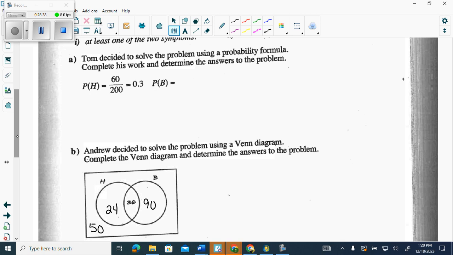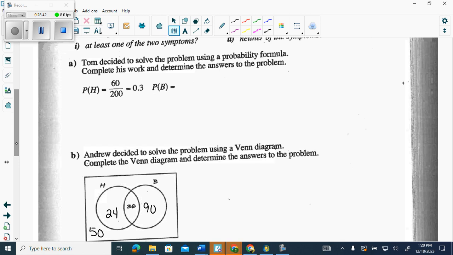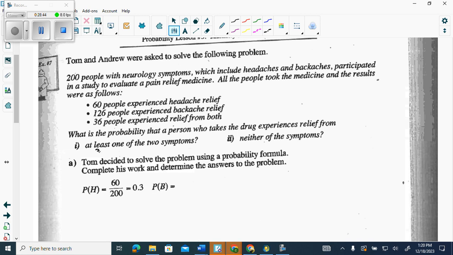The H and the B by themselves is only 1 symptom, correct? So it's going to be 36 out of 200. Wait, does it say one of the 2 symptoms? Oh, at least 1. I said it. It's going to be 150 divided by 200. Is that what you did? That's what it should be. 150 divided by 200, at least 1. Yeah, I read that as 2 for some unknown reason.